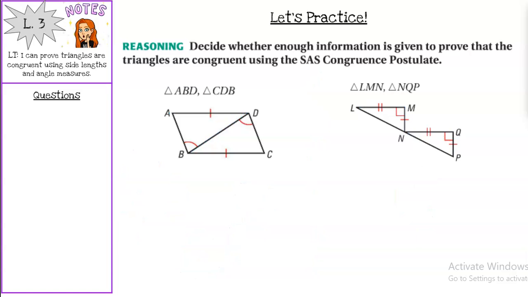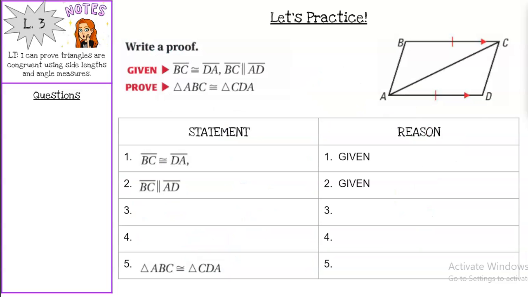So now let's do a proof here. Write a proof given that side BC is congruent to side DA and side BC is parallel to side AD. Prove that triangle ABC is congruent to triangle CDA. I have the proof set up for us. We've got our givens in the proof already and what we need to prove.